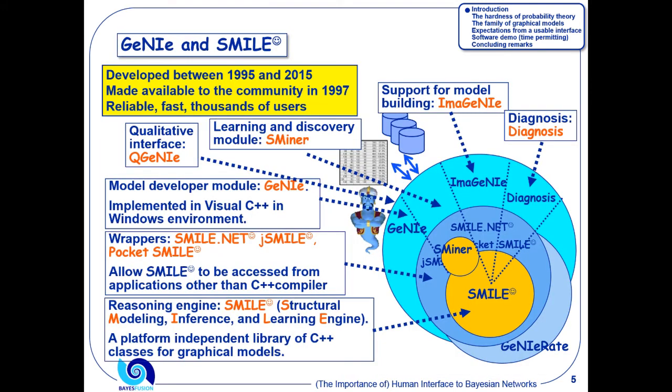Between 1995 and 2015, we developed software for Bayesian networks. We made it available to the community in 1997. And we've had thousands of users, literally. I believe that Genie has become pretty much a standard in academic environments, but it also had quite a number of industrial users.